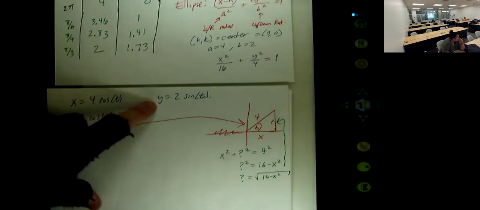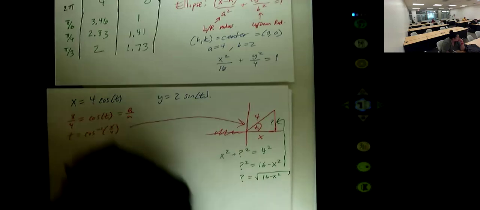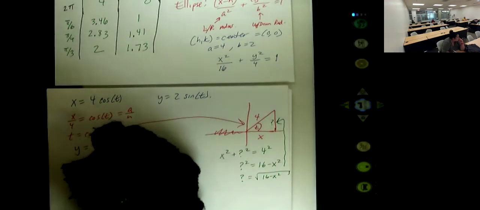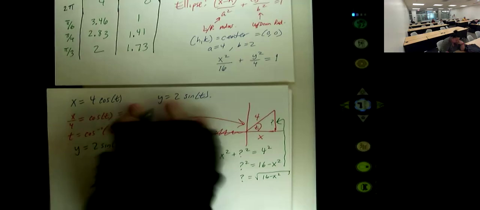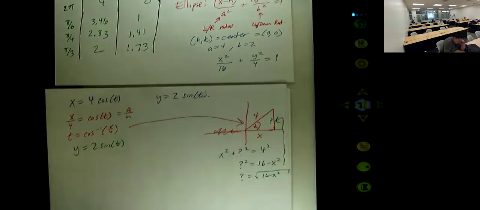So I've got y equals 2 sine t. What is sine of t from my triangle?